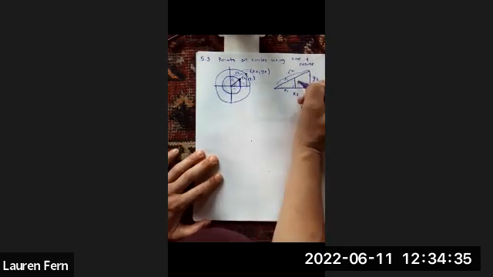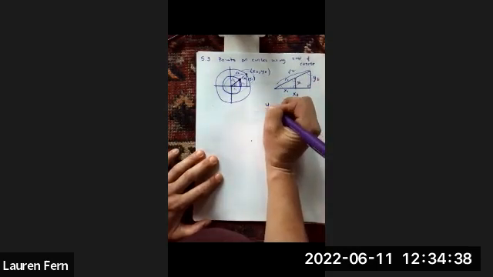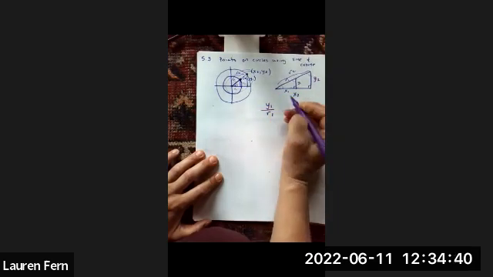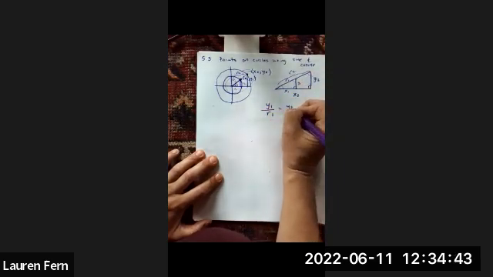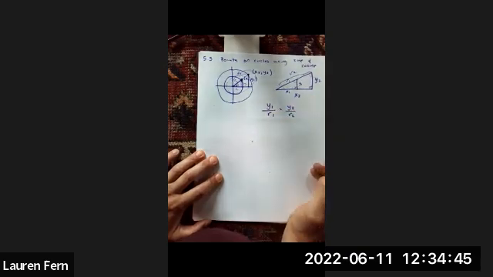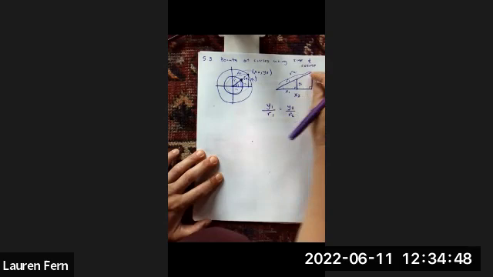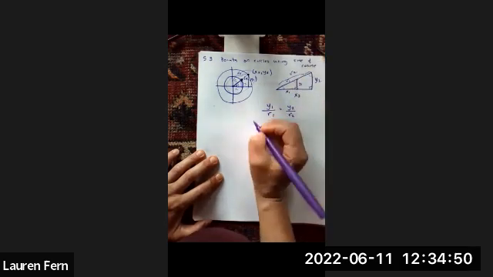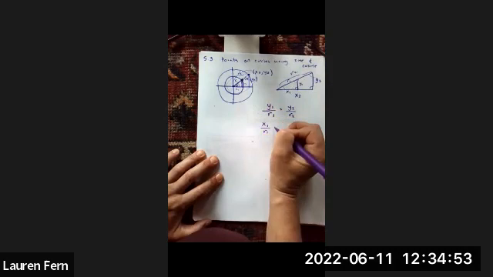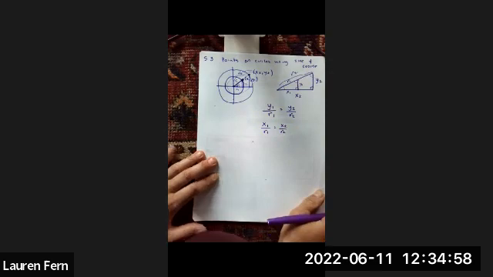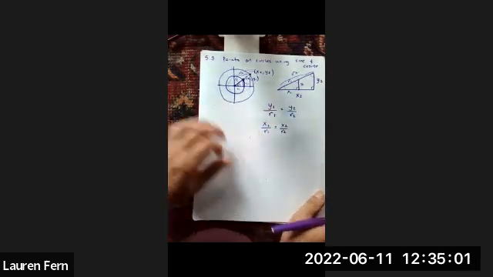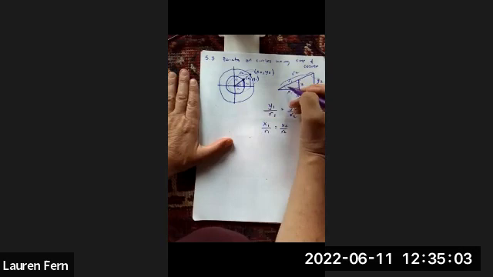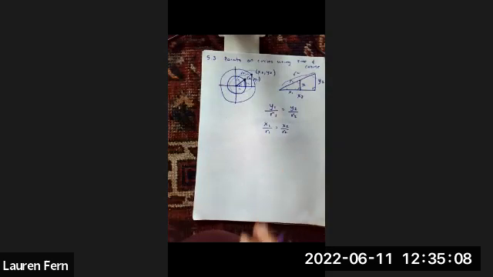So for example, I could say that Y1 is to R1 as Y2 is to R2. And similarly, not only can I talk about that in terms of my Y values, but I could say that X1 is to R1 as X2 is to R2. These ratios, in other words, the ratio of my Y value to my radius, as well as my X value to my radius, they're going to be constant for any given angle.